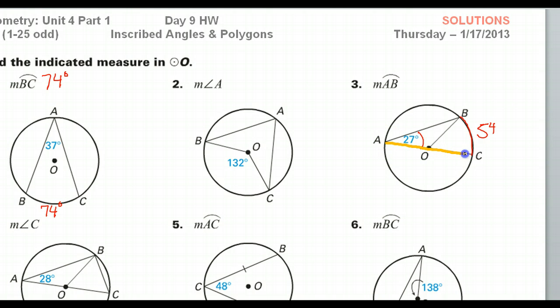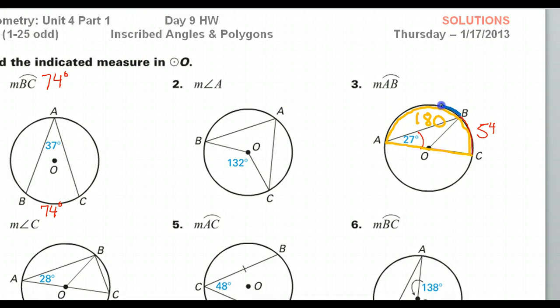This creates a semicircle. So this side of the circle should be 180 degrees. You know what I mean? If I go from here all the way around semicircle like this, that is 180 degrees. All right, so if this part is 54, how can I find the other part, which I will show in blue?